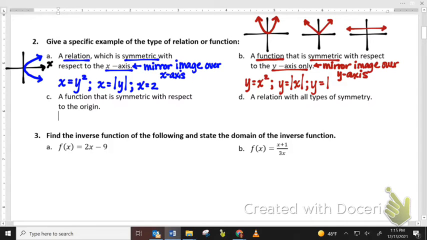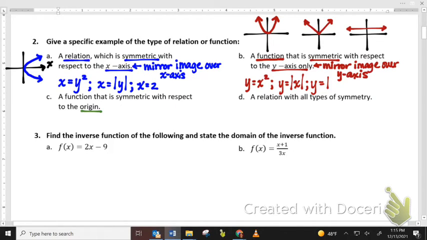Part C, a function that is symmetric with respect to the origin. What do I want now? With respect to the origin. That's okay.